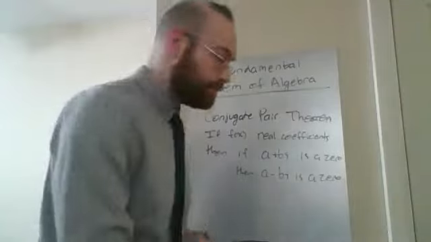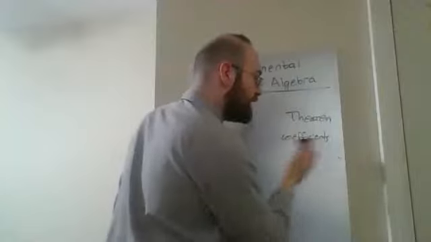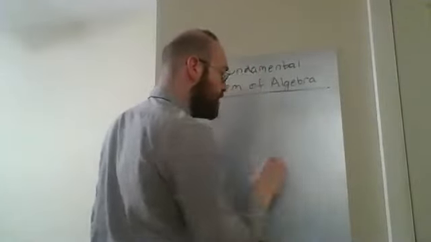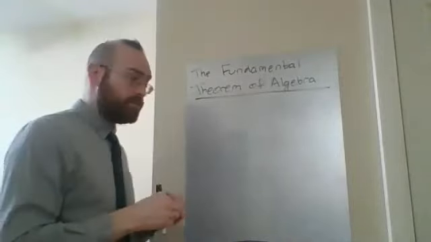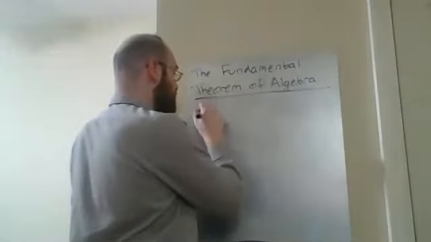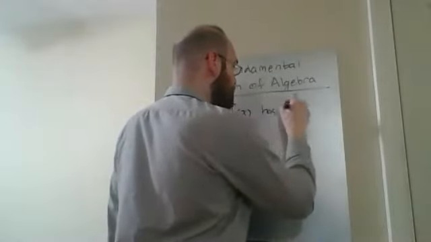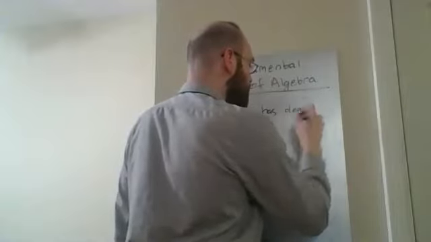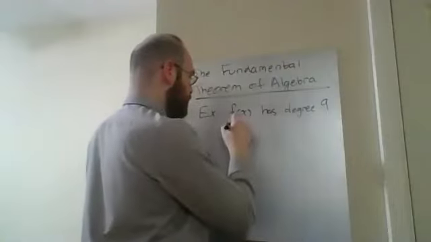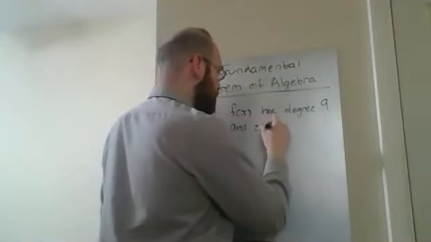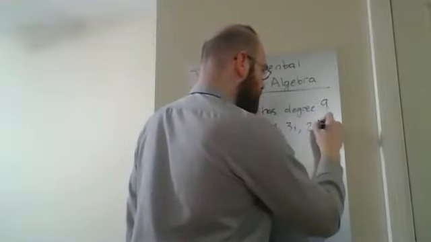So with that second tool, we're able to analyze polynomial functions with incomplete information. So as an example, let's say f of x has degree, let's say it has 9 and zeros 3i and 2 minus 5i.